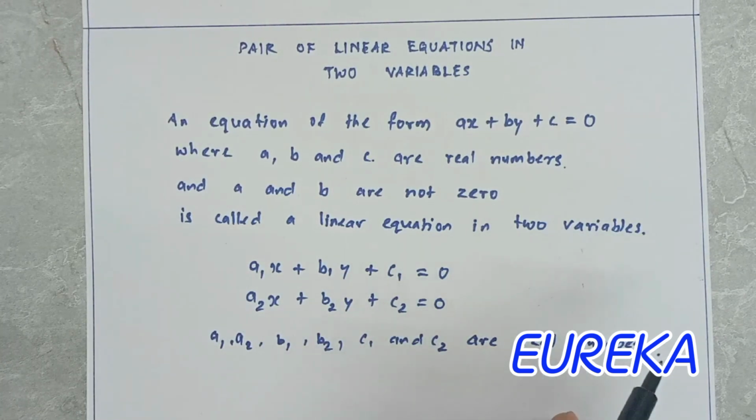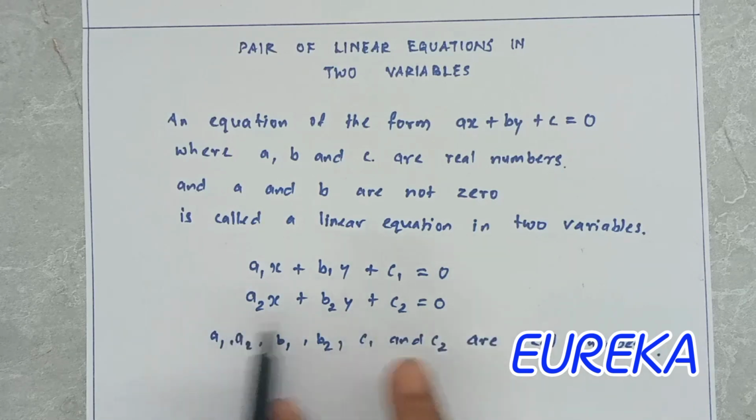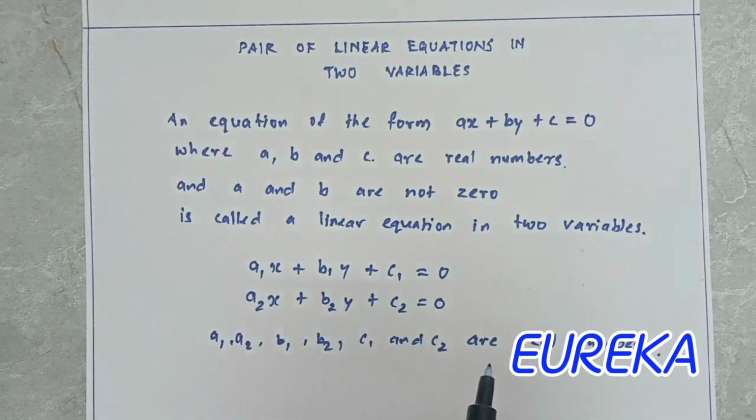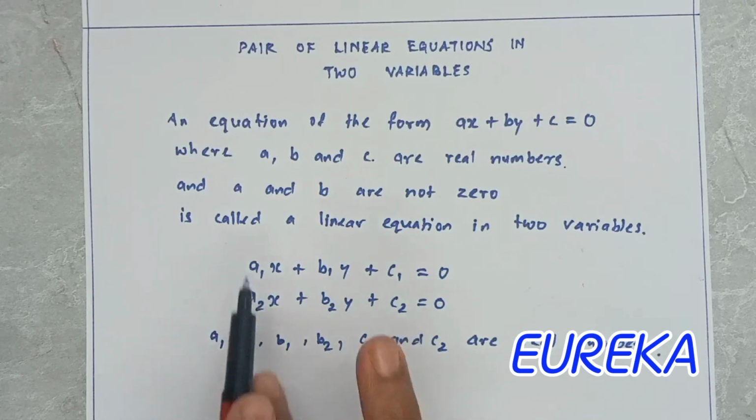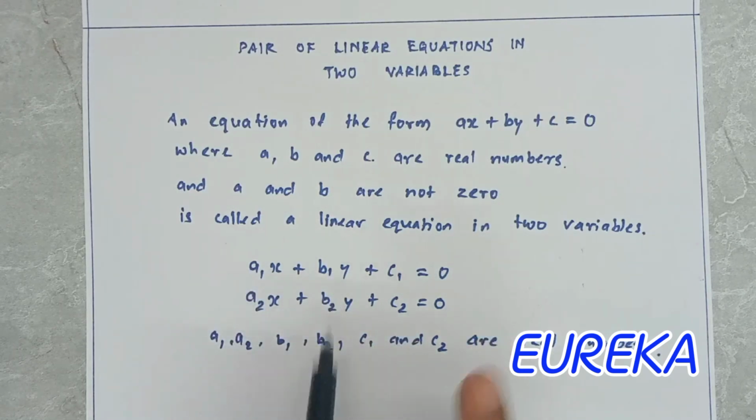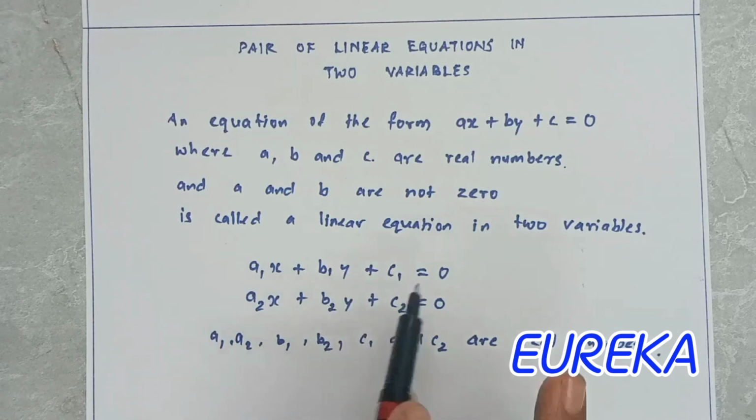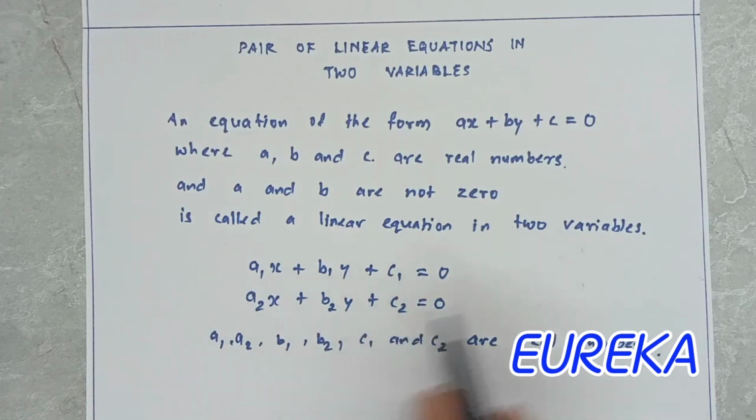Now why do we need these linear equations? Because when we are trying to solve a situation, we can represent that in the form of linear equations. Suppose two teams are there whose performance we have to check. So we can consider that A1 and A2 are the bowlers, B1 and B2 are the batsmen, and in that way we are considering two teams.